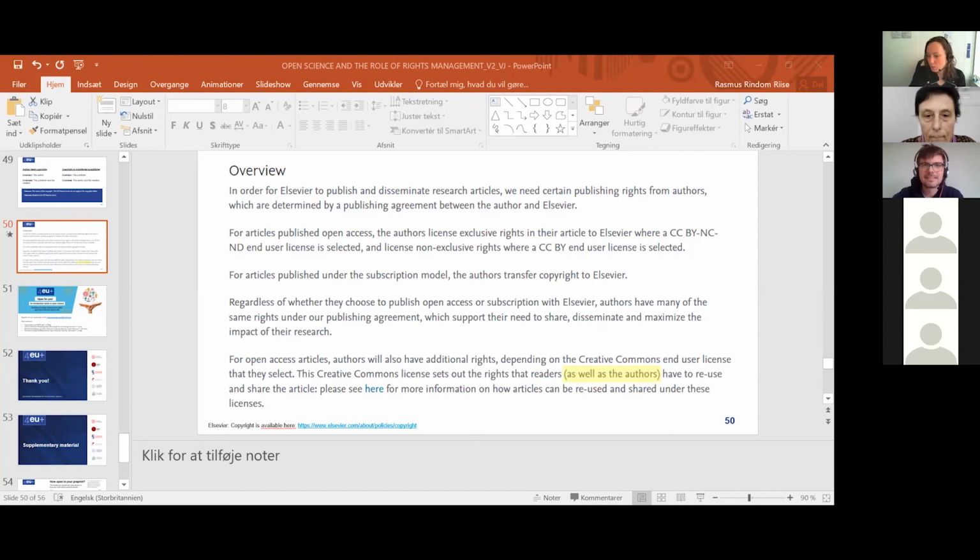What are our rights to share a preprint or accepted manuscript with other researchers by email or ResearchGate, for example? All the rights. On the preprint or accepted manuscript, it's your work, so you are the owner of the intellectual property rights, just as if you perform a movie or music or painting.